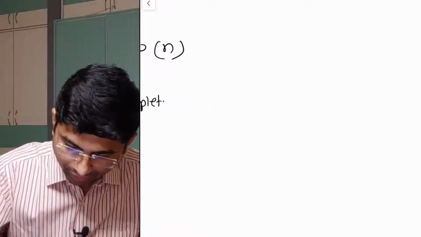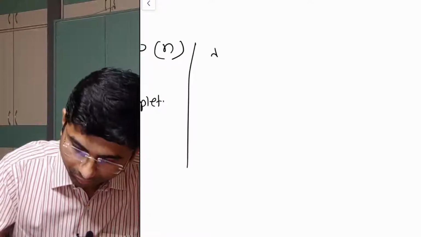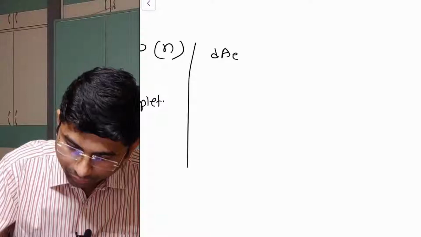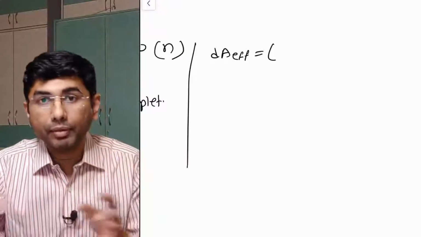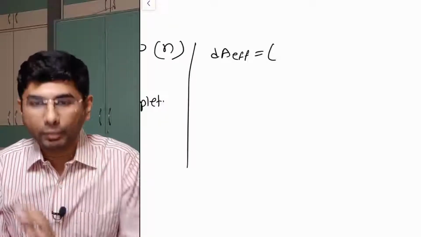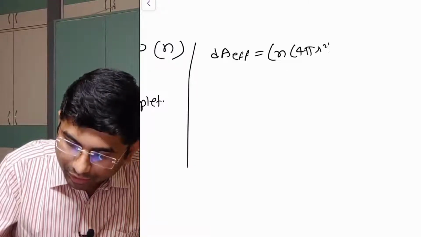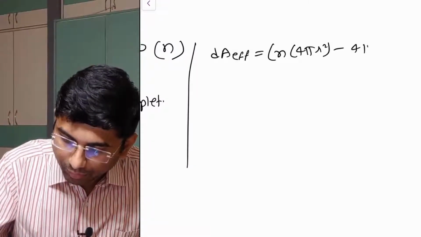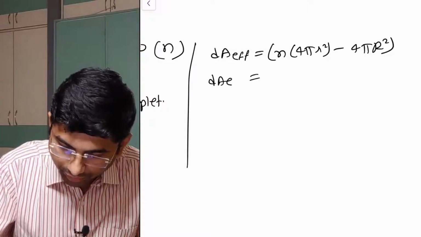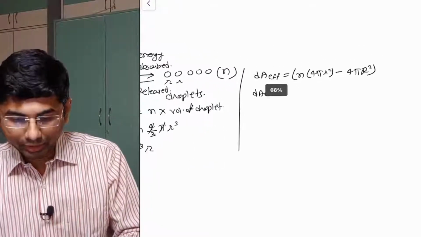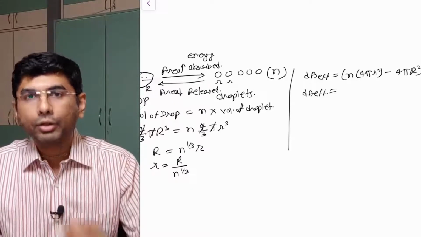Now the second part is the effective area. The change in effective area is equal to, first, the droplets have more area, so I have to consider N times the area of a droplet, that is 4 pi r square, minus the area of the drop. Now we have the relationship here, so I can convert this whole equation in terms of capital R or in terms of small r.